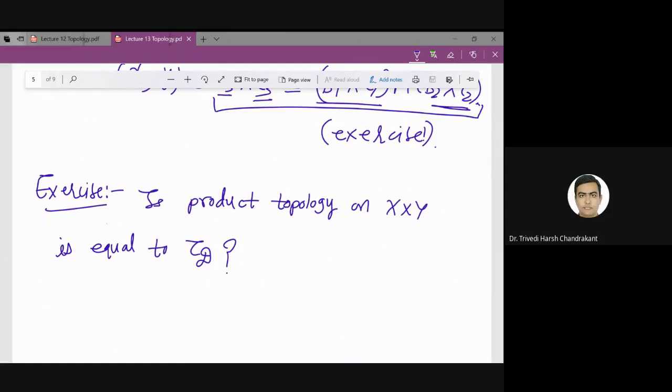But now we have two topologies, which are sets that have bases.